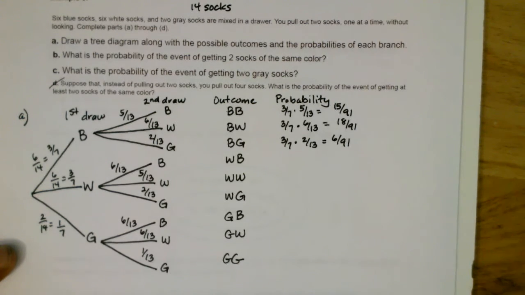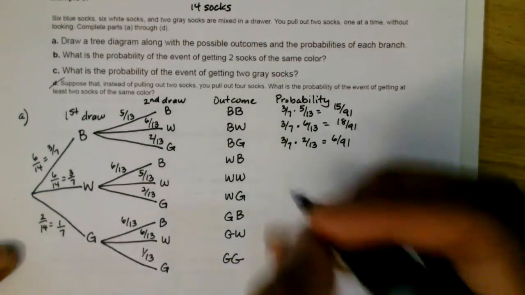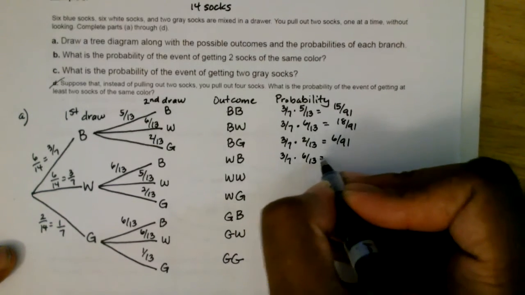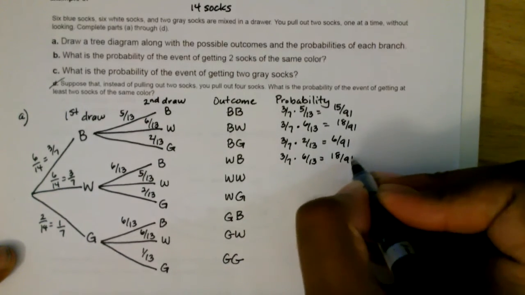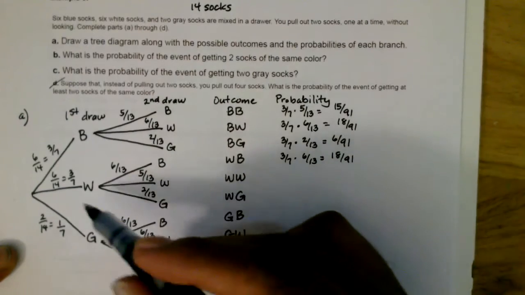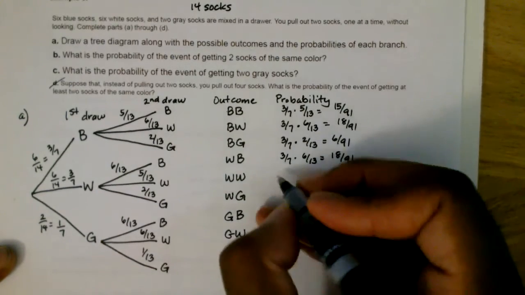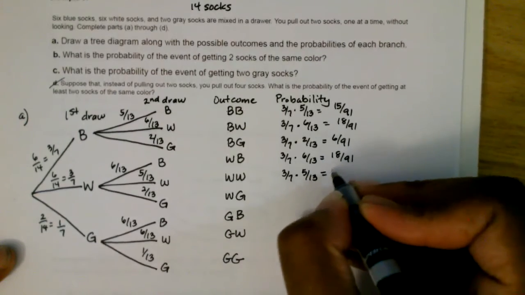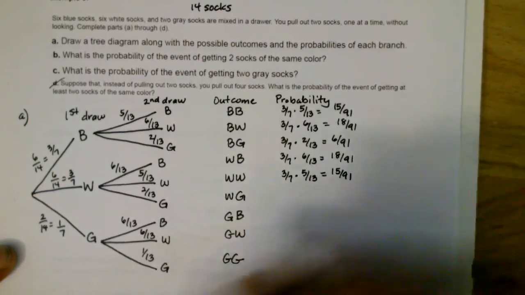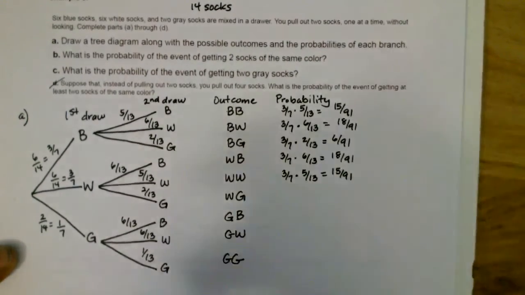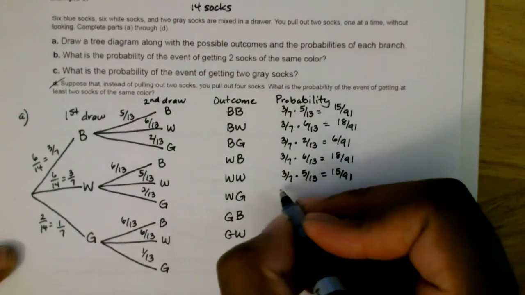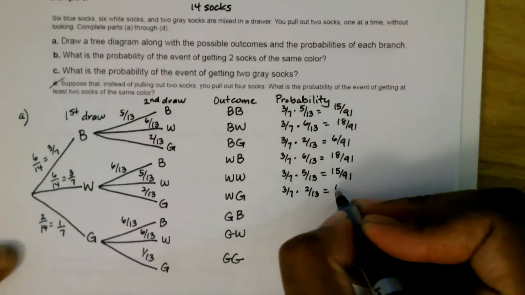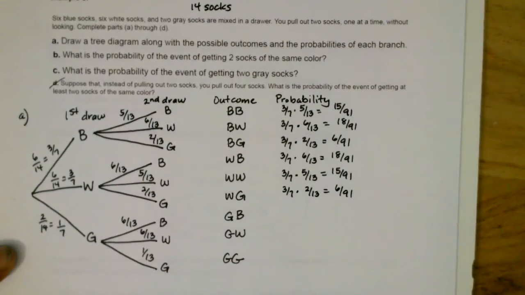And now a white and a blue, that would be 3/7 times 6/13. That would still give me 18 over 91. Then a white and a white, 3/7 times 5 over 13. This will be 15 over 91. And then a white and a gray, 3/7 times 2/13. This will be 6 over 91.